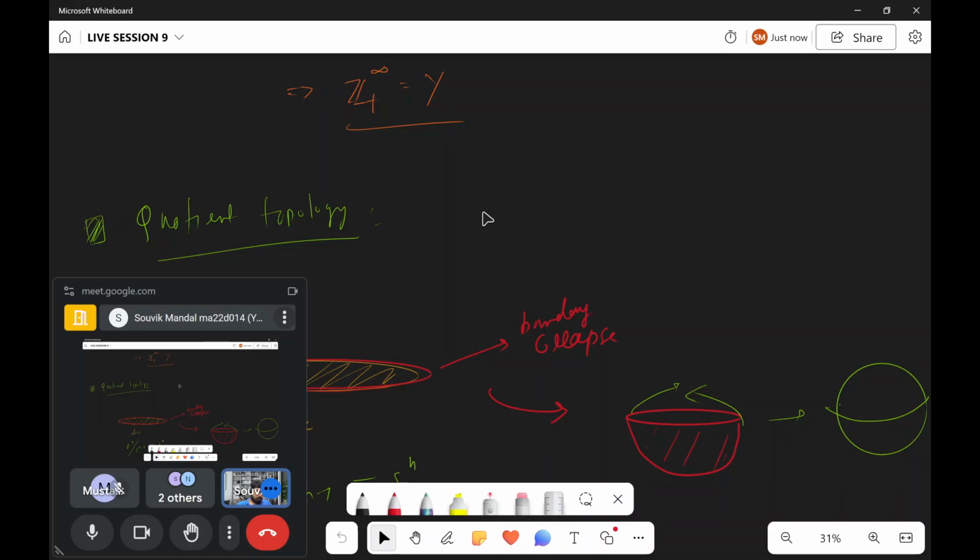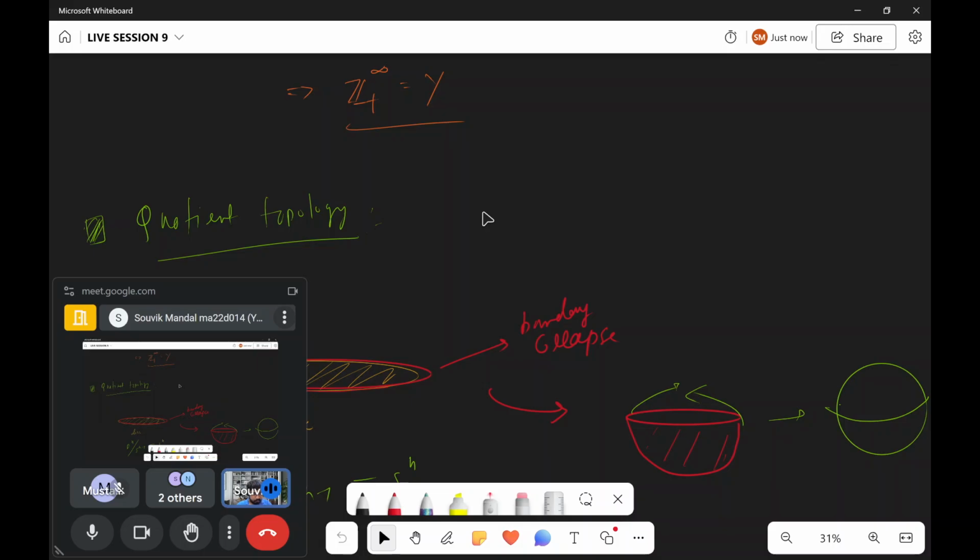But look, this is intuitively obvious, correct? But it is not actually easy to give a proper argument mathematically. So for dealing with this type of situation, the one-point compactification technique comes into the picture.